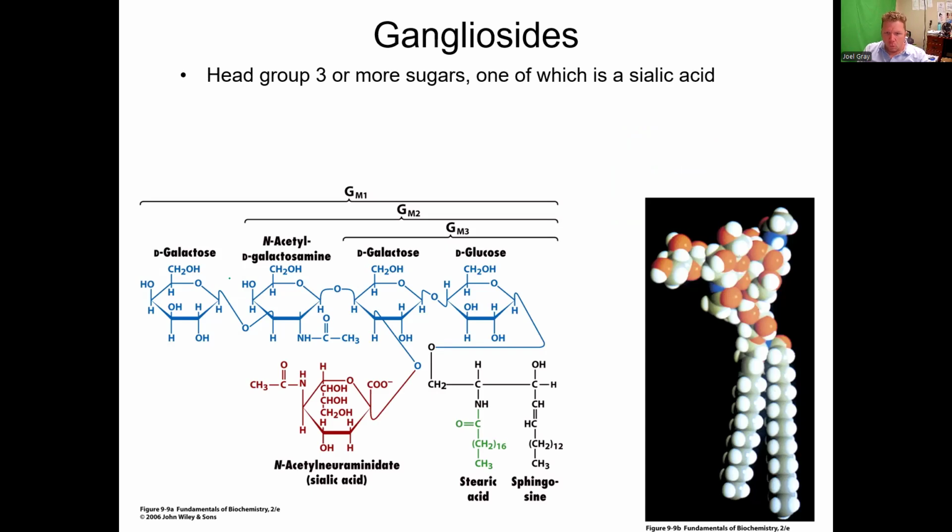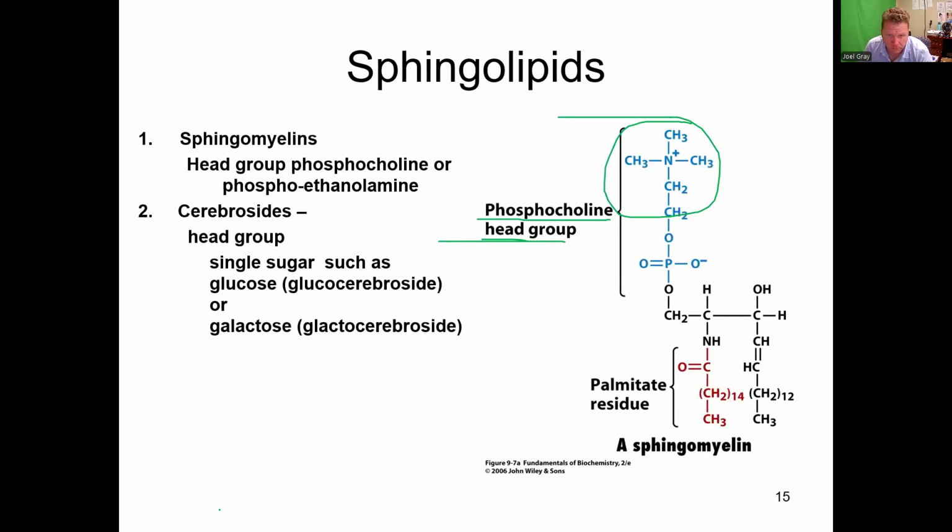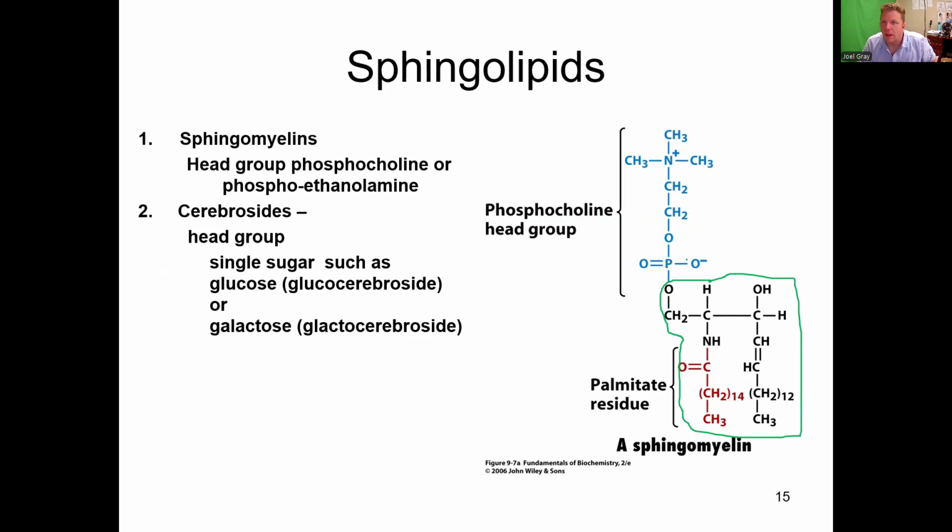Gangliosides. Sorry about this, I'm going to clear all my drawings off of here. Now I'm going to highlight the molecule that I want you to think about, and know that the part that I did not put a box around is the phosphocholine head group.